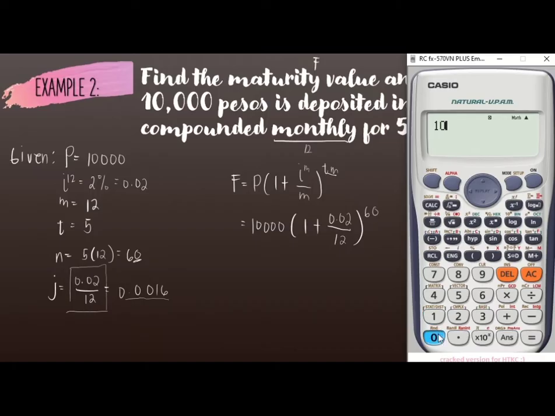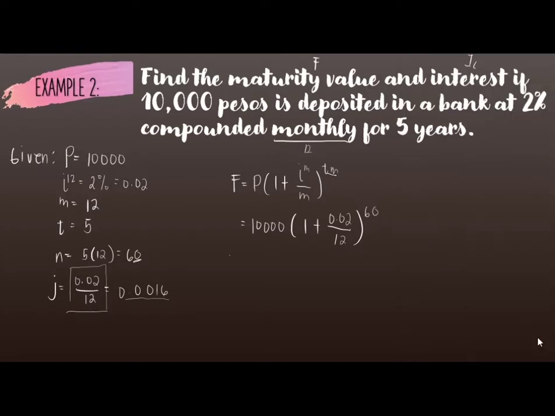Okay, so, 10,000 times 1 plus 0.02 over 12. Then raised to 60. Equal. So, ano compute natin is 11,050.79.